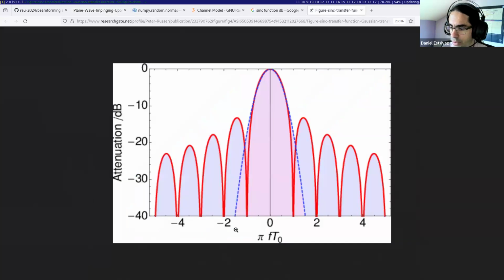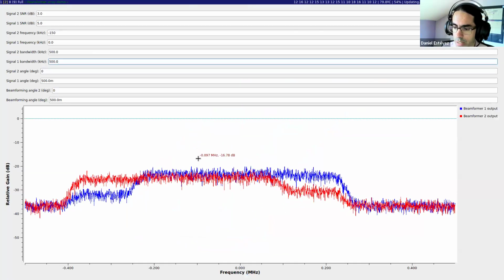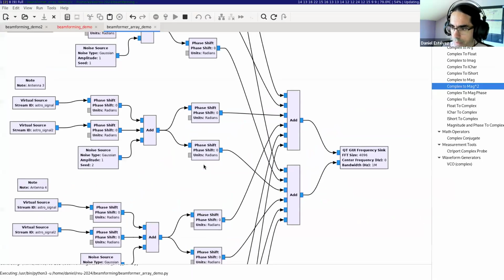So if I go back to this plot, I haven't talked about the units in this axis. If I'm doing radians for the angle, this is basically 1 divided by the maximum antenna separation. So in this example, let's work out the math.